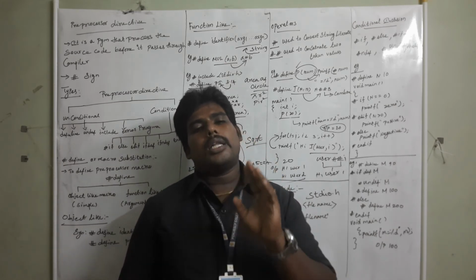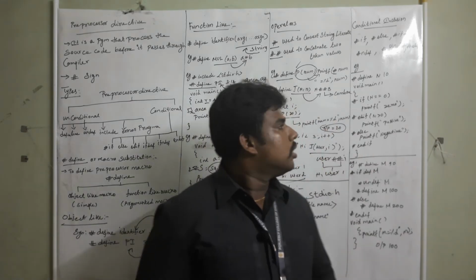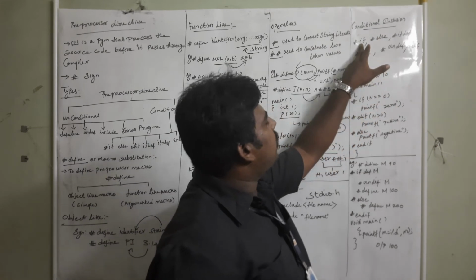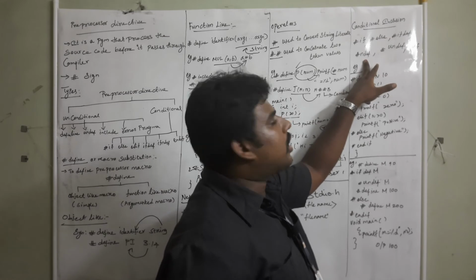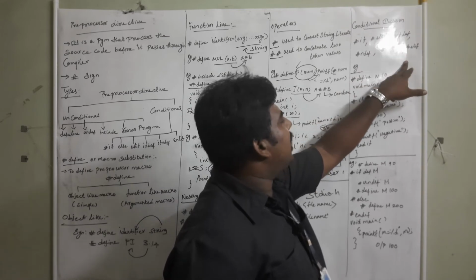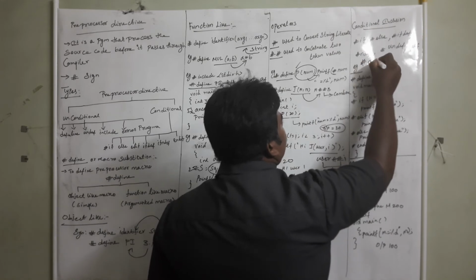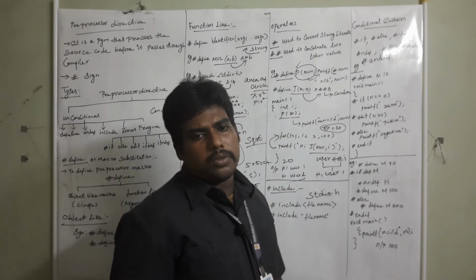Mostly all the preprocessor directives are present above the main. Okay. So here also see the conditional inclusions. If is there, else is there, ifdef, then ifndef, then undef, then elif, then endif. Okay, and endif. These are the conditional inclusions.